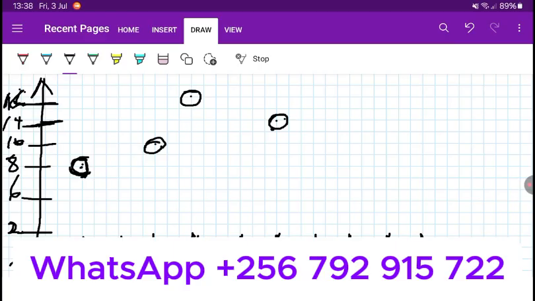Then we also have 95 with 10. Then 105 with a 5. Let's assume the 5 is around here. And then this one of 115 with a 2. It's around here.